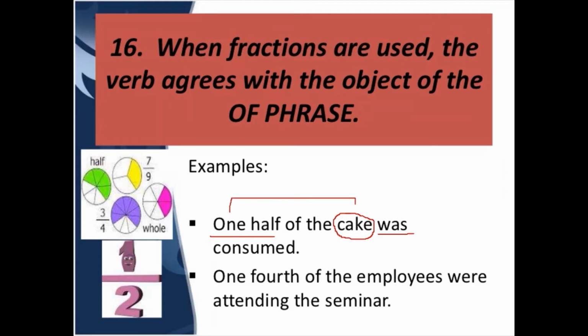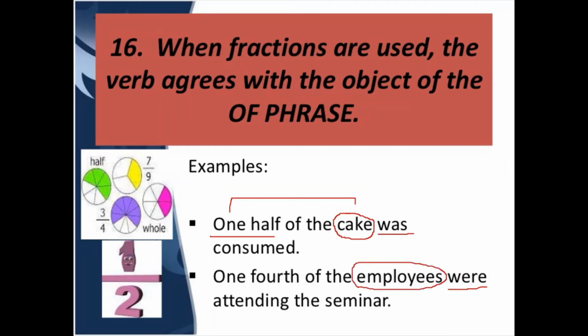Another example: one fourth of the employees were attending the seminar. In this sentence, the verb used is "were." Why "were"? Because it is preceded by the noun employees. Employees is a plural noun.